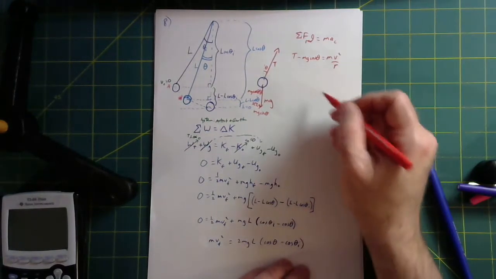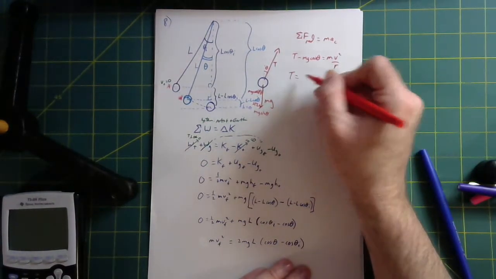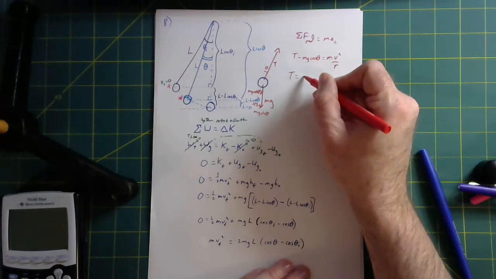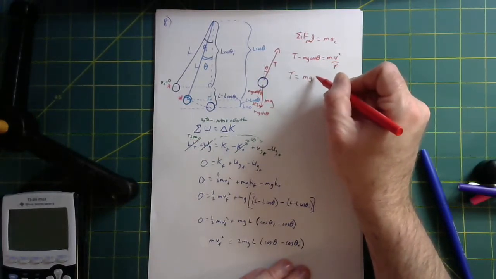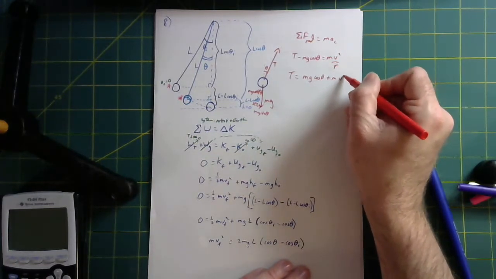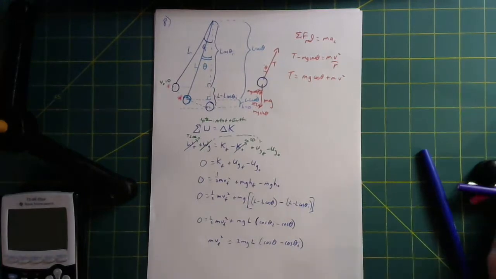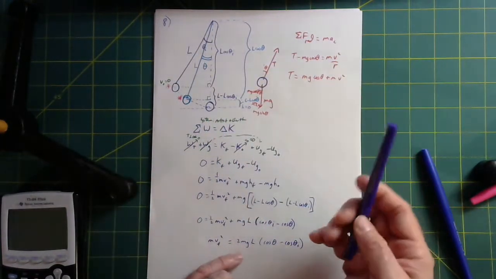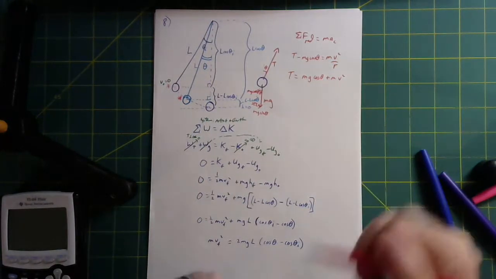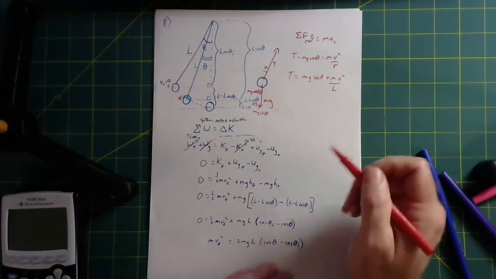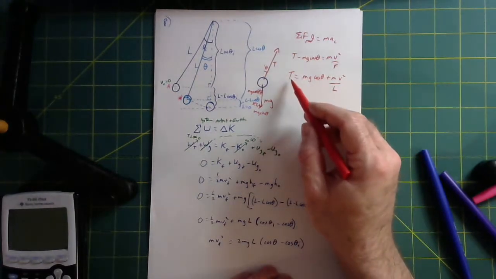So that tension I'm trying to solve is going to be mg cosine theta plus mv squared. Now that r, the radius of the circle, is just L, so I can write that as mv squared over L. Now look, T is what I'm trying to find.